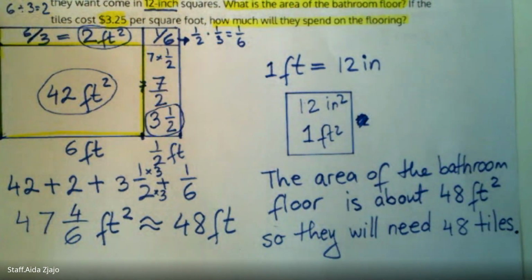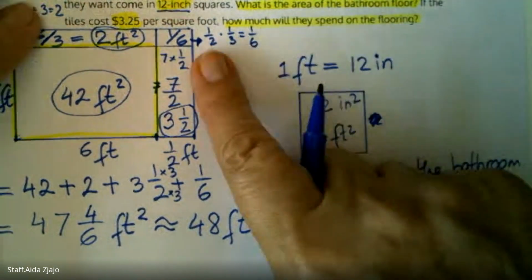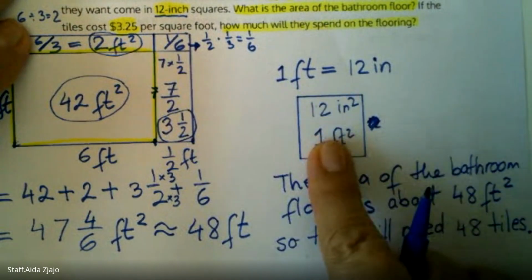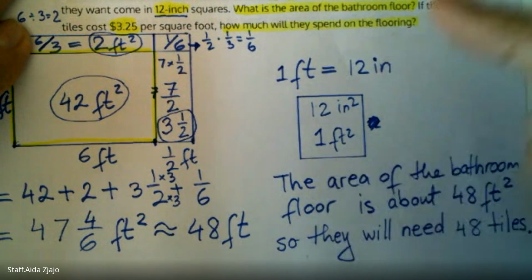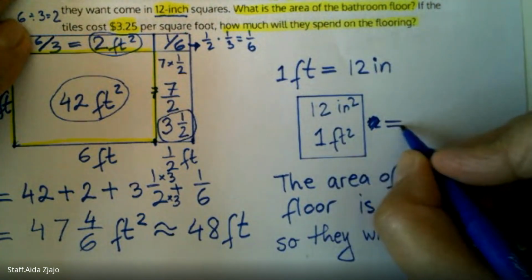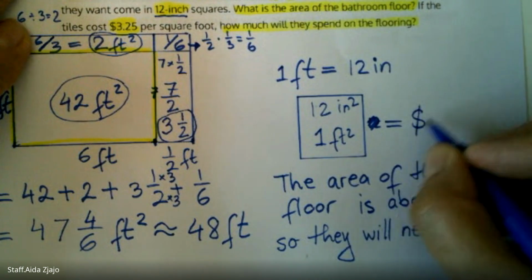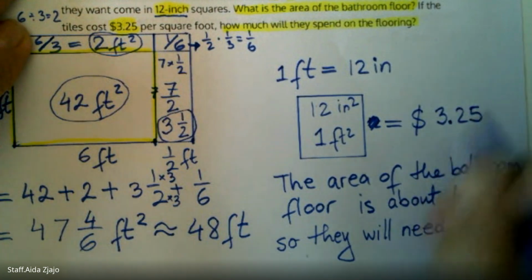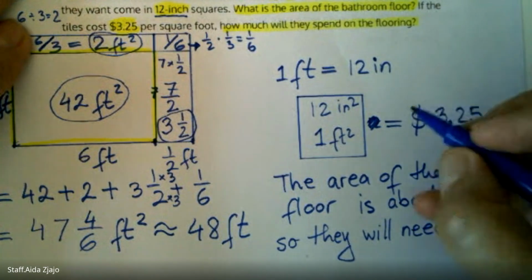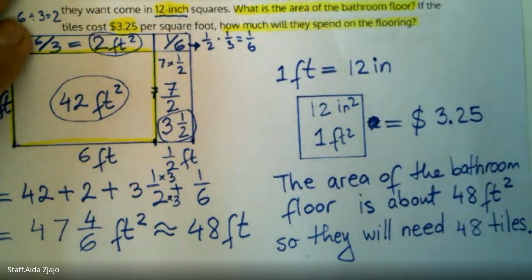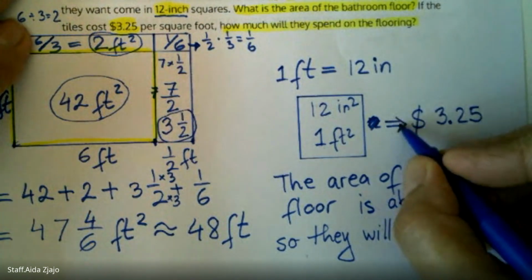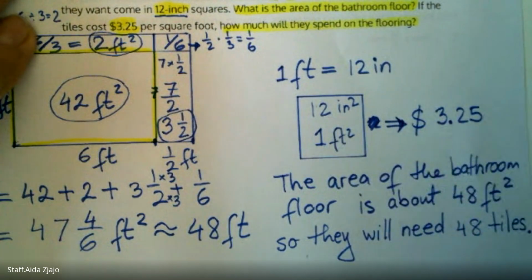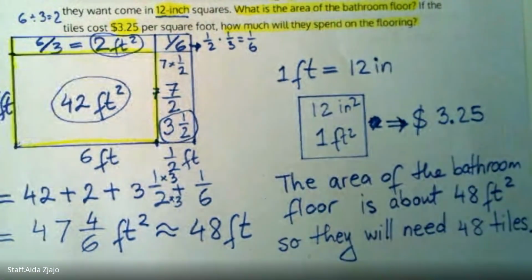Now, if they need 48 tiles, and they said each tile is a square foot, one tile is equal to $3.25. So one tile is that much. How much are 48 tiles if one is $3.25? So we can multiply.